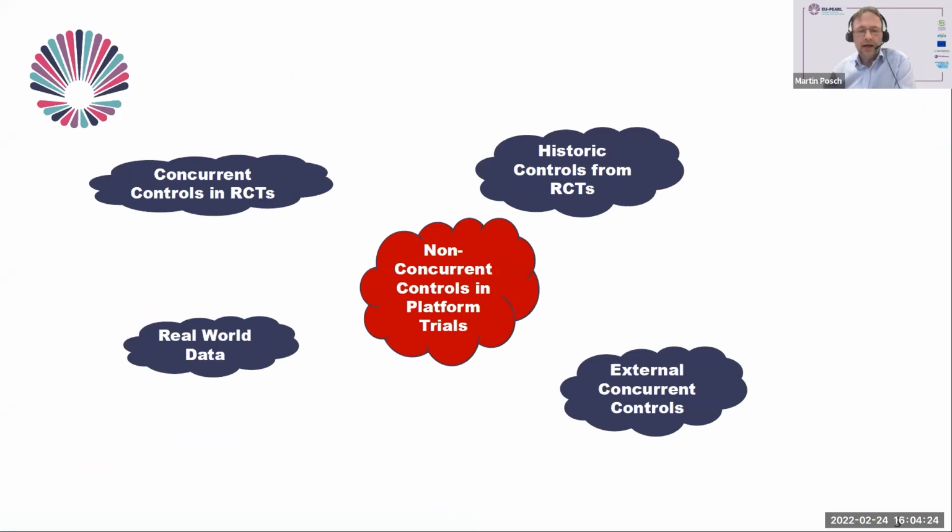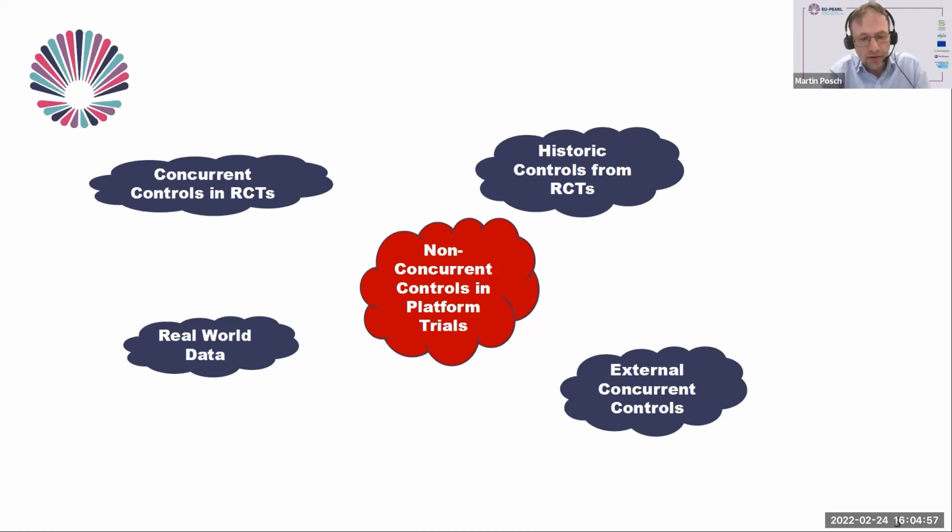To set the scene, the choice of control groups is crucial for the generation of robust evidence on the safety and efficacy of novel treatments in clinical trials. And the accepted gold standard are the concurrent control groups in double-blind randomized trials. However, there are difficult experimental settings where also other types of controls are considered and intensively discussed, ranging from control groups of historic randomized trials to cohorts drawn from real-world data.